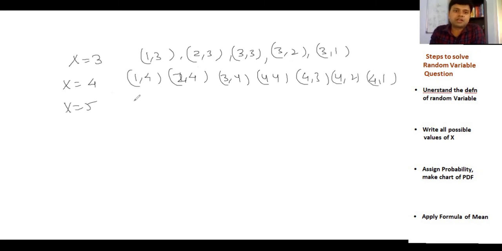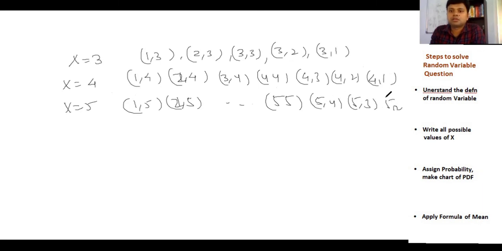X is equal to 5: 1 5 and so on. If you see, we got a pattern actually. And x is equal to 6: 1 6, 2 6, 6 6 and then 6 1.